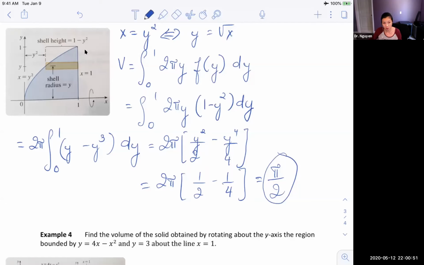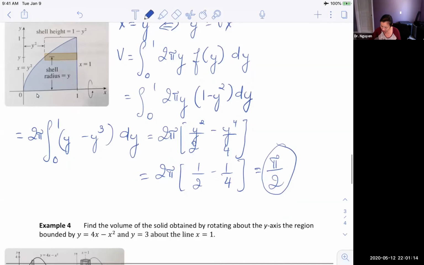So that's how we got the height, 1 minus y squared. If you turn it over like this, you will see that 1 is the top and y squared is the bottom. So we take top minus bottom.